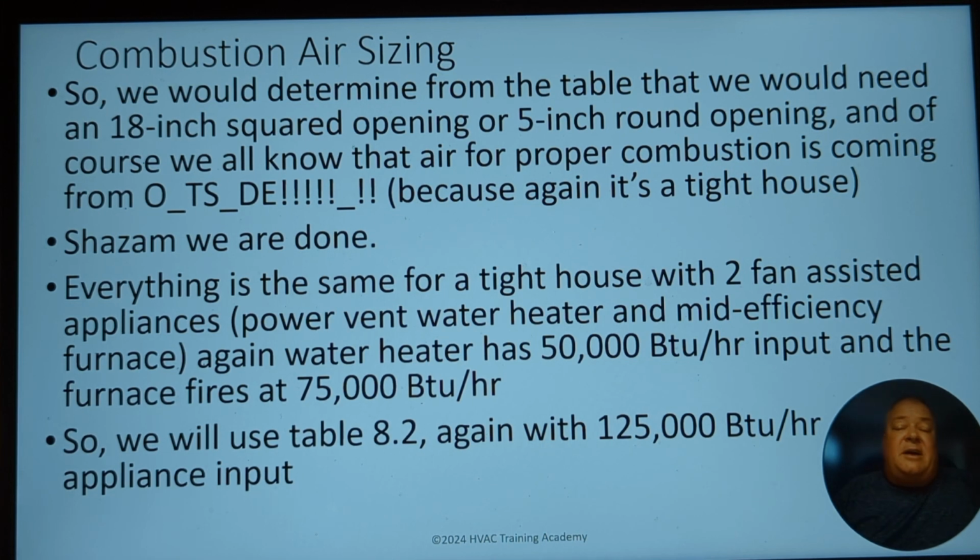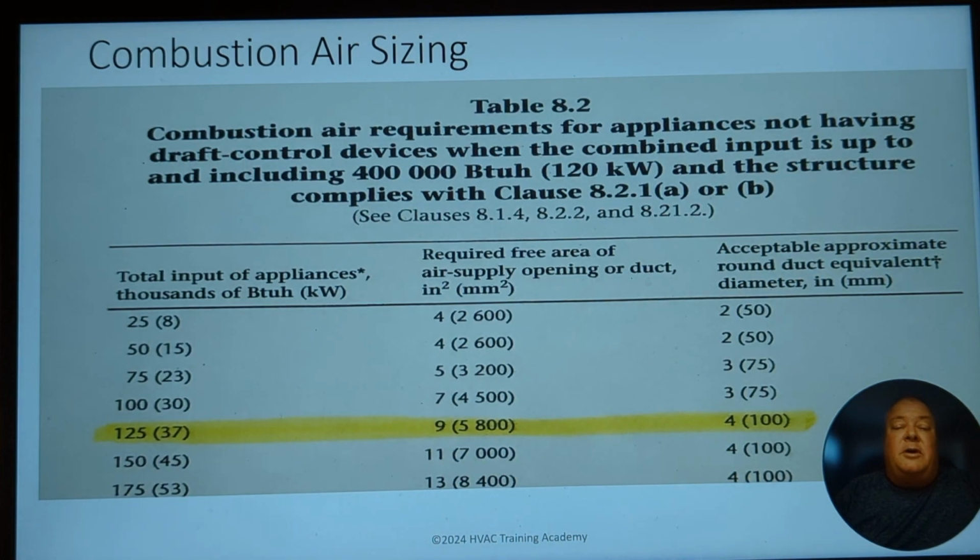Everything's going to be the same for a tight house with two fan-assisted appliances, except you're going to use table 8.2. Again, we're still going to use 125,000 BTUs per hour. And again, we're going to use table 8.2 and 125,000 BTUs. You see now, suspiciously enough, we're exactly half the size. Remember, fan-assist appliances use half as much air as their natural draft counterparts. So we had 18 inches on the draft hood equipped appliances.